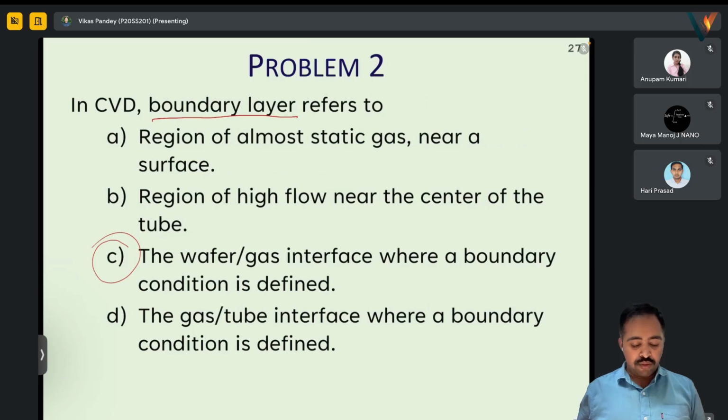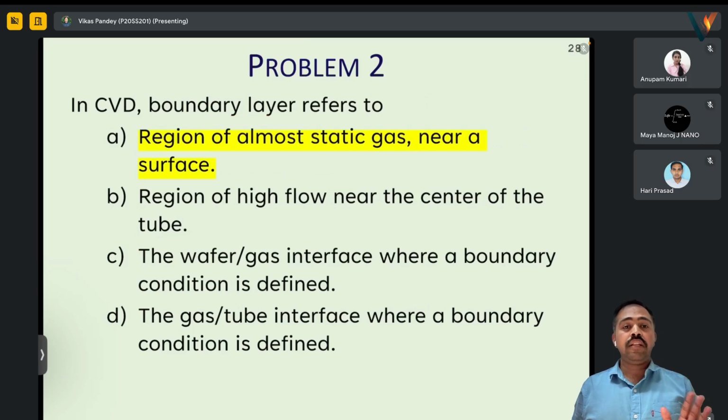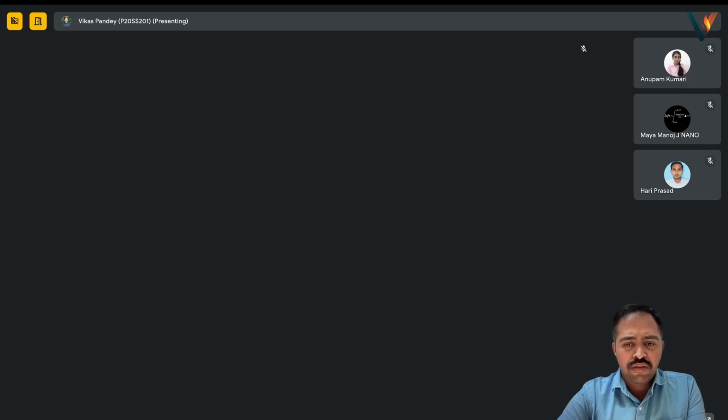Anyway, so it is the region of almost static gas near a surface where the boundary layer refers to. Just a minute.